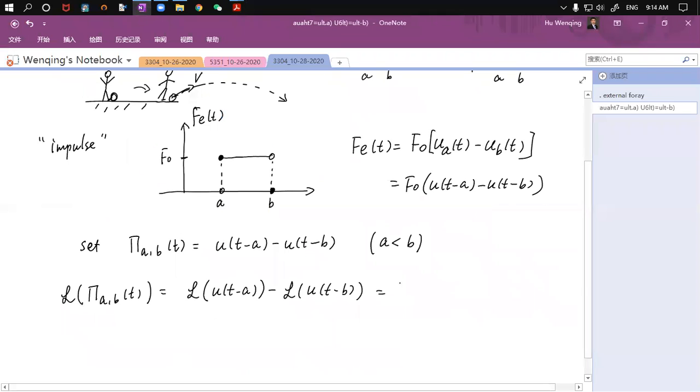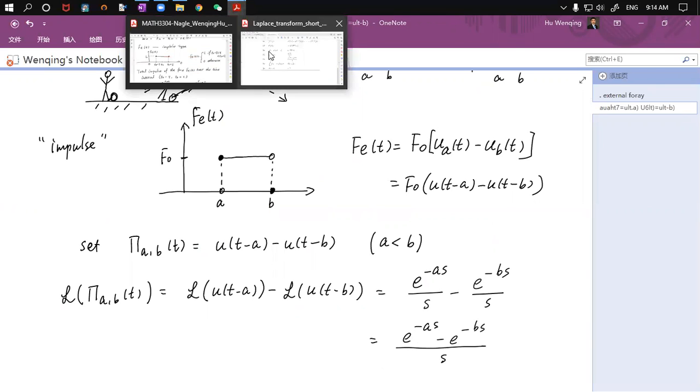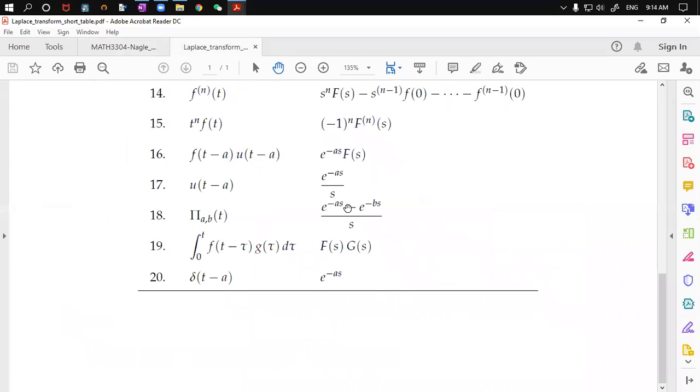So that gives you e to the power minus as over s minus e to the power minus bs over s. So indeed, your result is e to the power minus as minus e to the power minus bs over s, and this is exactly what happens on this table, right? So that settles line 18.